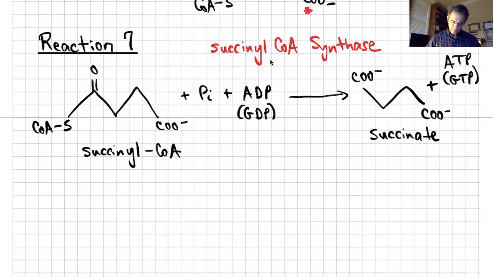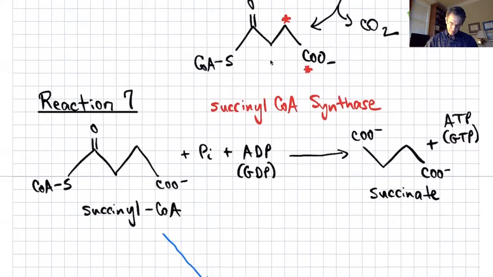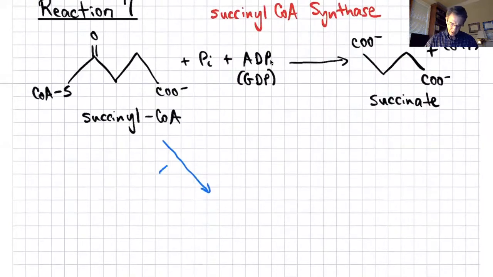So the way this works is in the active site of the enzyme, this succinyl-CoA, as I said, is used to run a phosphorolysis reaction where we bring in some inorganic phosphate to basically replace that thioester with a phosphoester bond, right? To make this succinyl phosphate compound.